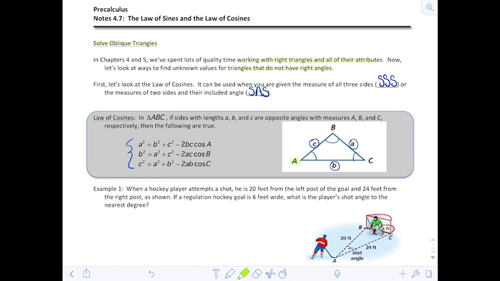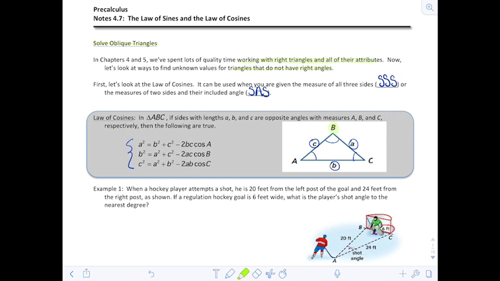If you look at the second equation, b squared, now this includes angle B. If we look at angle B as the focus, the equation would be that b squared, the side b squared, is equal to the other two sides squared and added, minus 2 times a times c times the cosine of that angle.